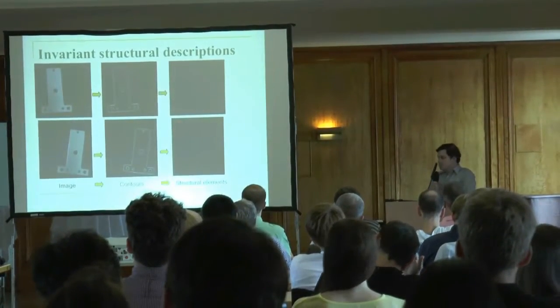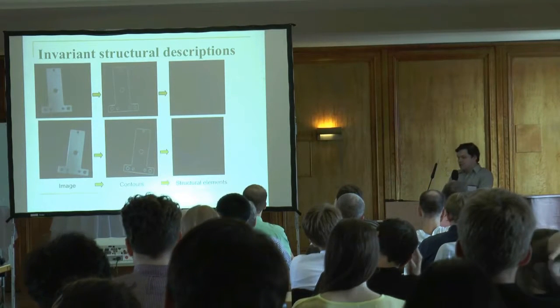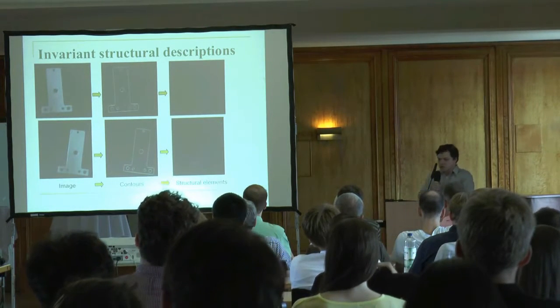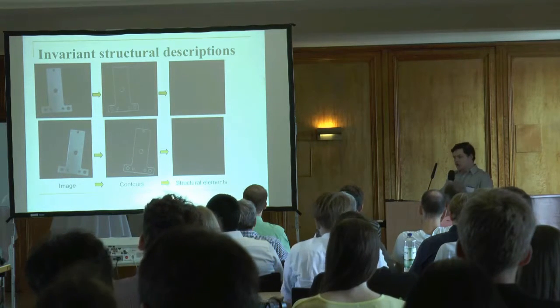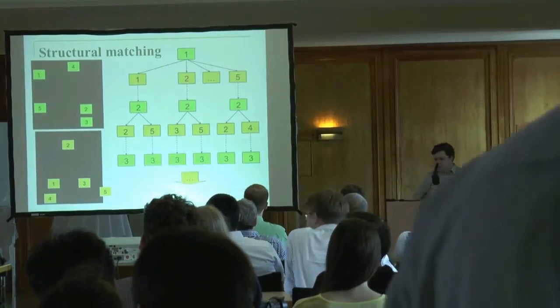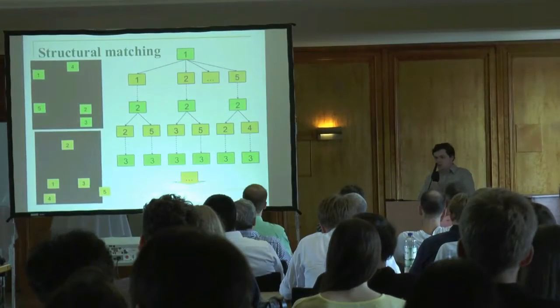Instead, in practice, we used structural matching methods. The basic idea is to extract contours and approximate these contours with some structural elements, and then try to find correspondences between these structural elements.